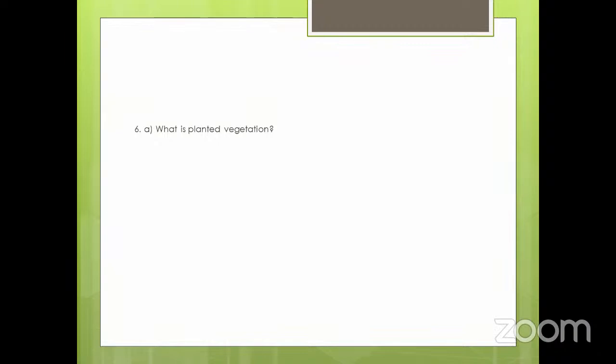You put up the hand and you read the question. Yes, Ruth? What is planted vegetation? Okay, you can give. Planted vegetation is the plant cover planted by man.